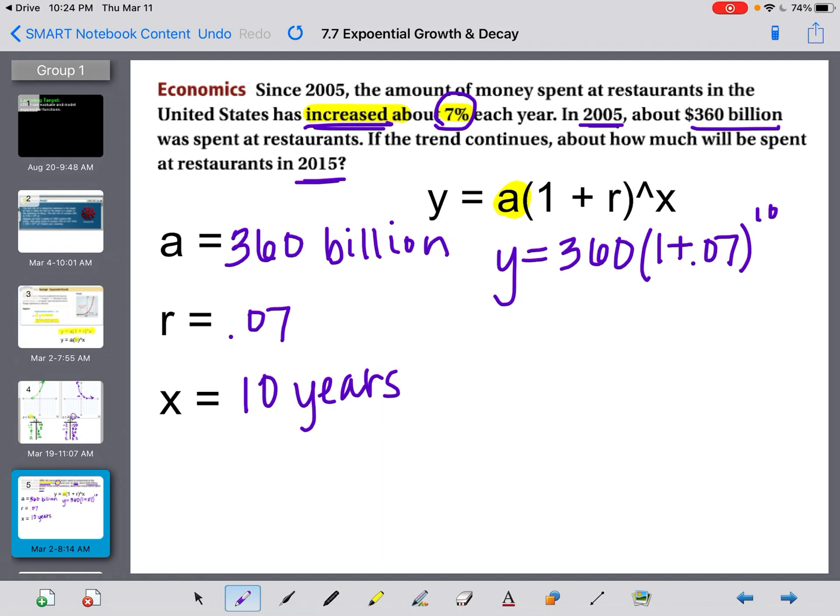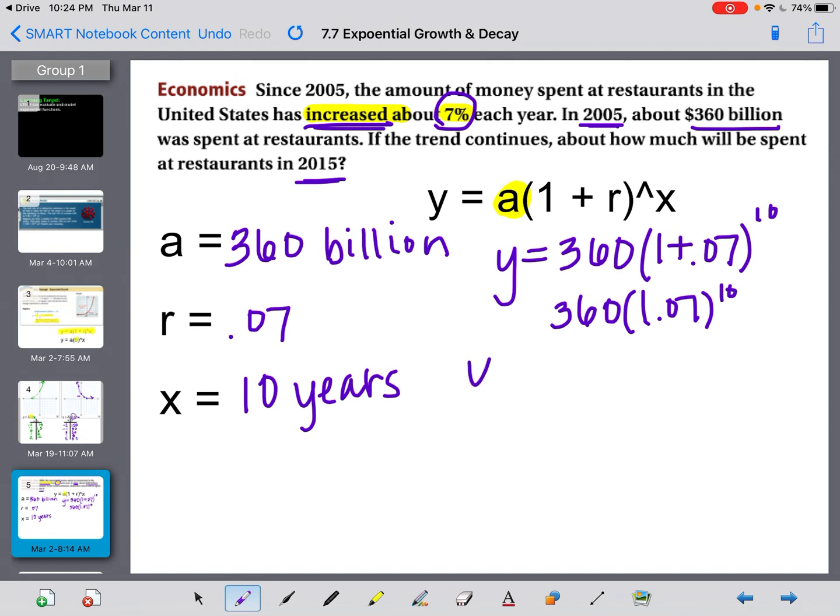When I plug all that into my calculator, the order that you want to do that is to start with adding what's in parentheses. So 1 plus 0.07 gives us 1.07. Then you want to raise that to the 10th power. And then, after you have hit equals, you want to multiply that times 360.